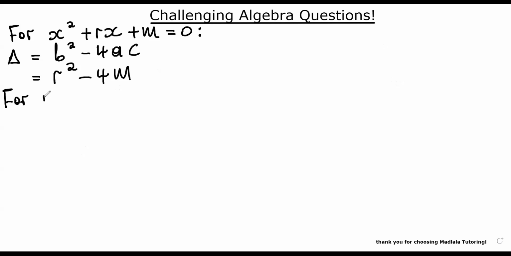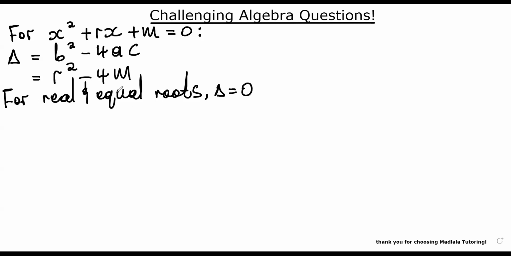And then we tell them that, for real and equal roots, what must happen? Well, delta must be equal to 0. So in other words, r squared minus 4m will be equal to 0. And we can take a pause here and consider the second equation.